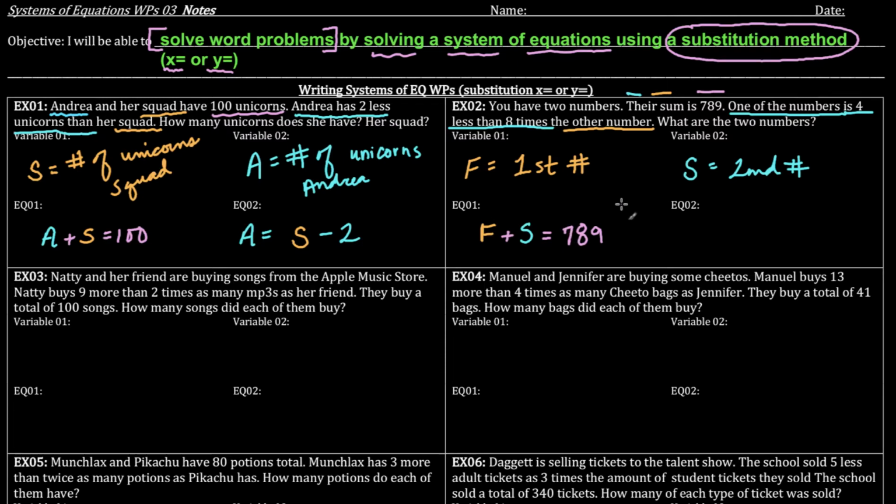And the second equation, it says one of the numbers is 4 less than 8 times the other. It doesn't matter which one you use. I'm going to say the second number is 4 less than 8 times the other number, which is the first number in my case.